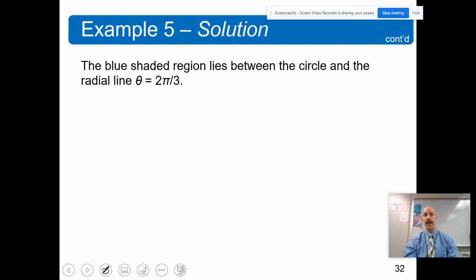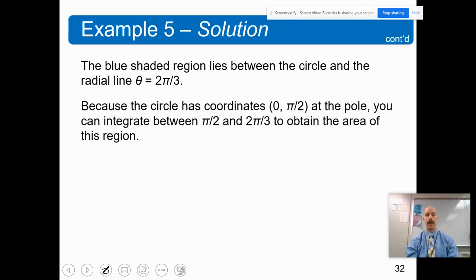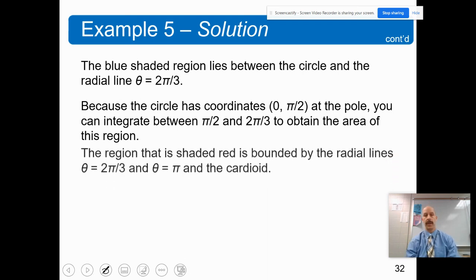The blue shaded region lies between the circle and the radial line 2 pi over 3. So that's this line right here. We're talking now specifically about this blue region. Because the circle has a coordinate 0, pi over 2 at the pole, you can integrate between pi over 2 and 2 pi over 3 to obtain the area of this region.